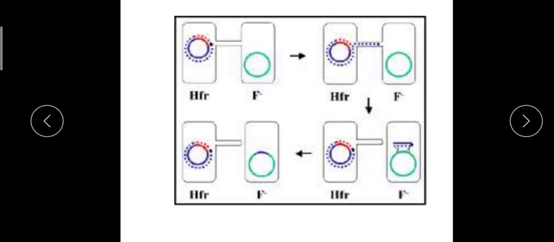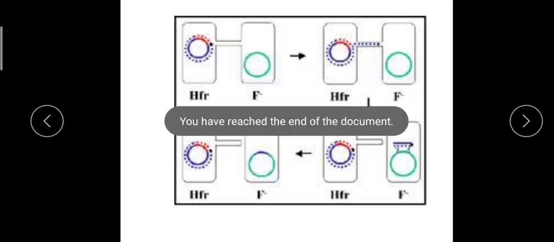So only a part of the genome of the Hfr donor is transferred to the recipient cell, because before the process was completed, the conjugation tube broke down. The DNA segment transferred to the recipient gets incorporated with the recipient chromosome, and in this way they attain genetic variability. So this is the process. That is all.